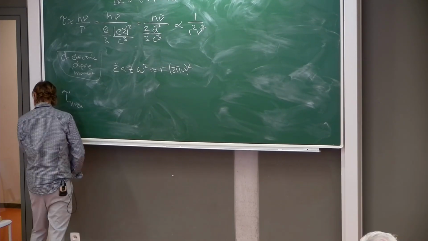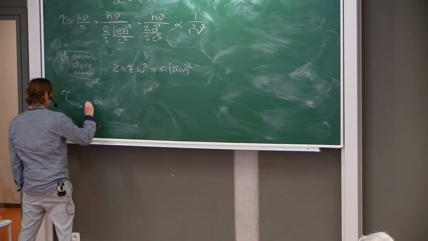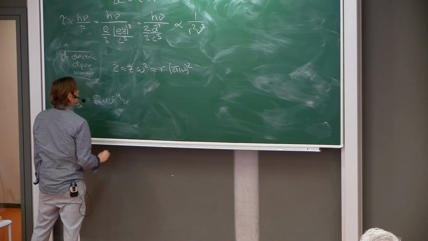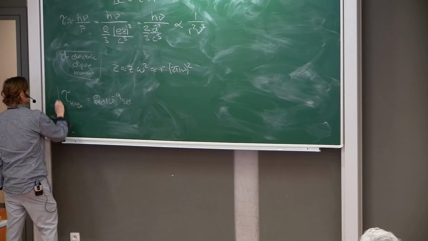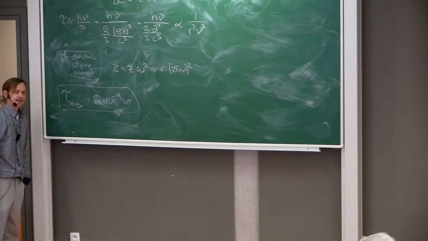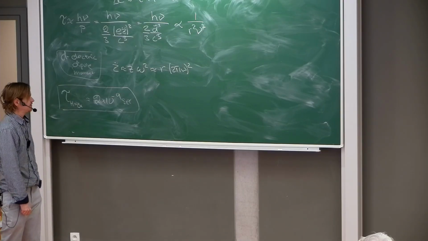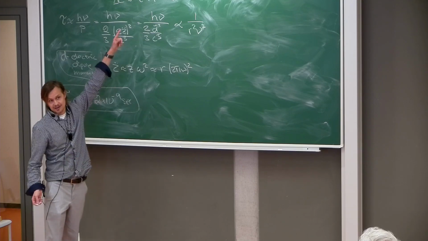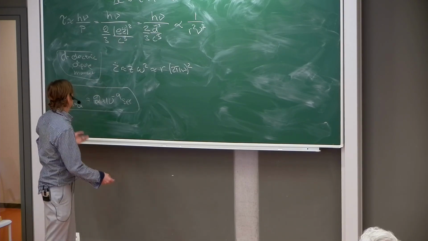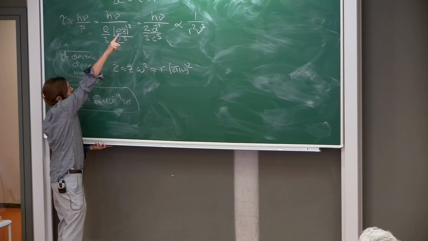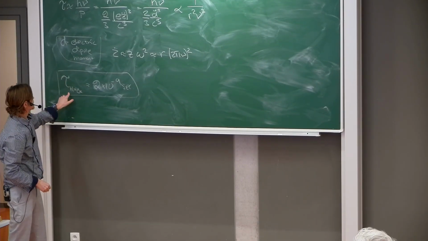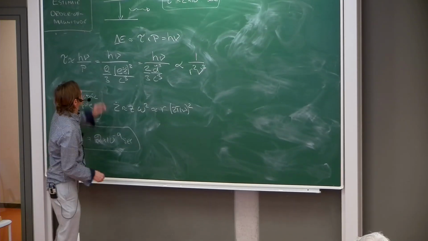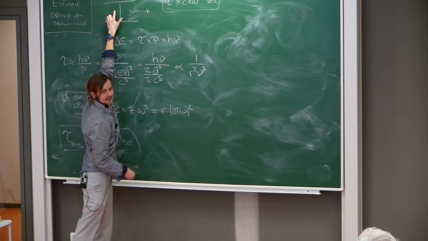We always go to Lyman alpha. And if you do that, you will get on the order of 2 times 10 to the minus 9 seconds. That means the Lyman alpha line is called a resonance line because it's fairly close to the classical value. It's a little bit higher actually here, so this is probably a little bit lower over there. You see that the Lyman alpha line has an extremely short lifetime in the upper state.